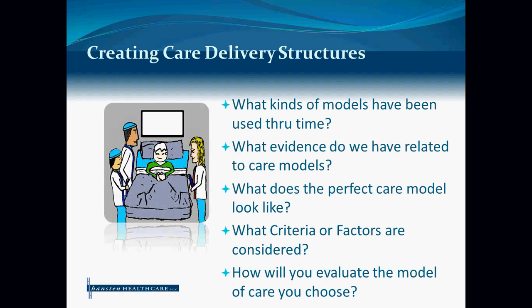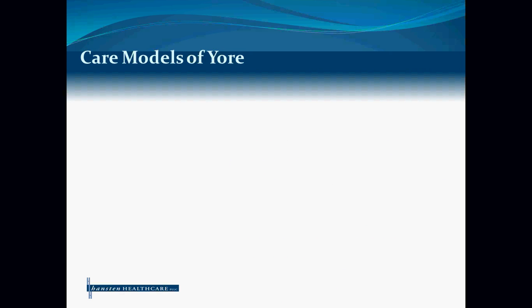Should we not expect that patient results are good, nurse-sensitive indicators such as no falls with injury, no pressure ulcers, no urinary tract infections from catheters, all of those things, surgical site infections. How are we going to evaluate that model? Do we have the right numbers and types of people for the types of patients we have?